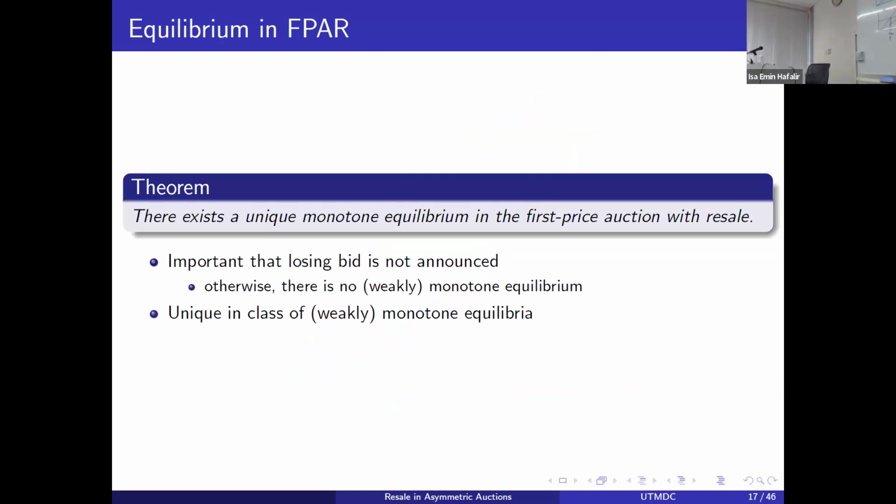Also in the appendix, he showed that when we consider monotone equilibria, the equilibrium that we characterize is the unique one, so there is no other equilibrium. And as I mentioned earlier, it is important that the losing bid is not announced, because otherwise we can show that there exists no weakly monotone equilibrium.